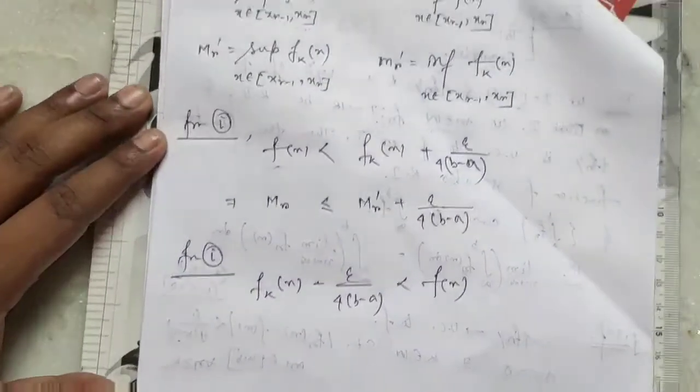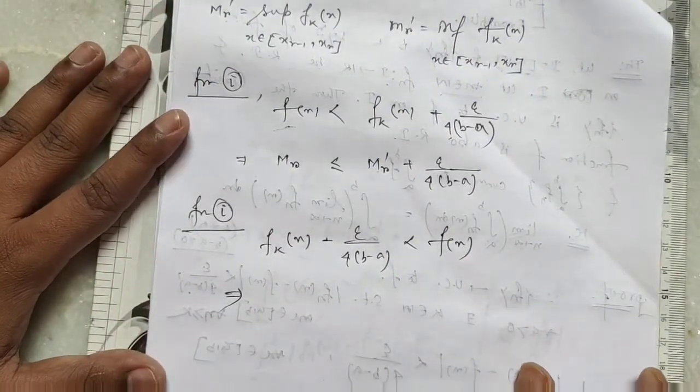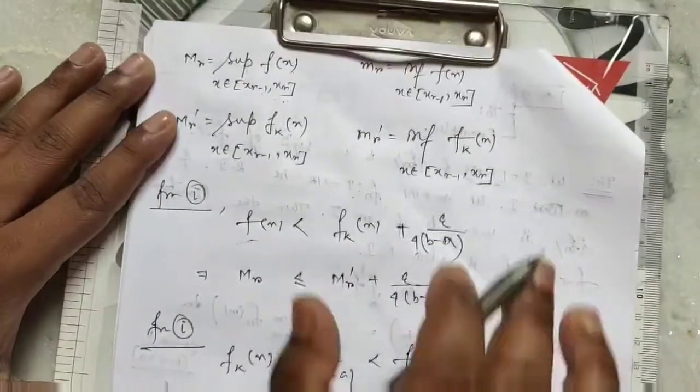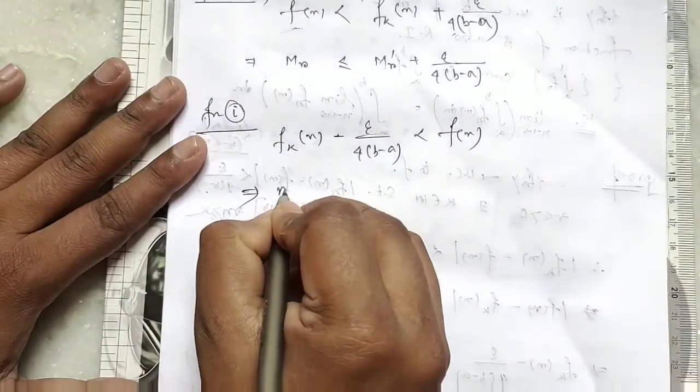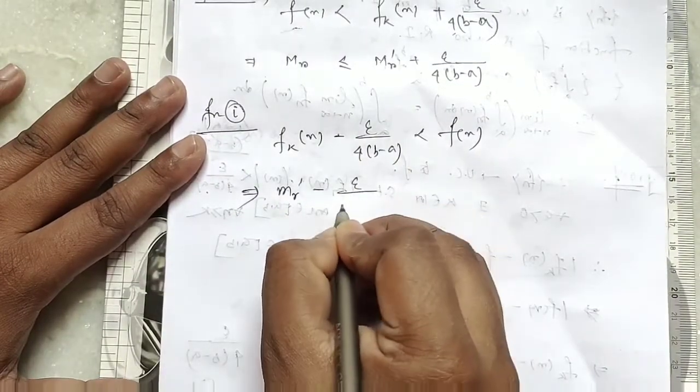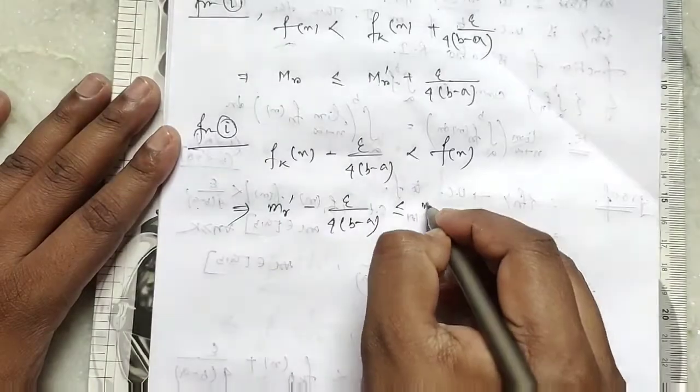If we take infimum on both sides, for f_k(x) the infimum is m_r dash. So m_r dash minus epsilon by 4 into (b minus a) is less than or equal to m_r. Clear? Okay.